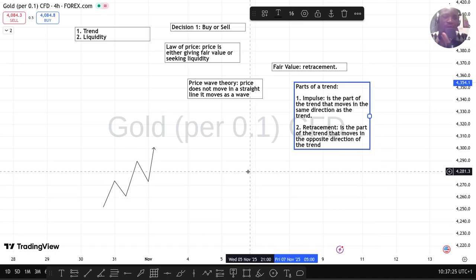And there are two types of trends. We have only two types of trends: uptrends and downtrends. Now we have something called a range or a consolidation. I don't focus on that. I will show you what it looks like, but I don't trade that.